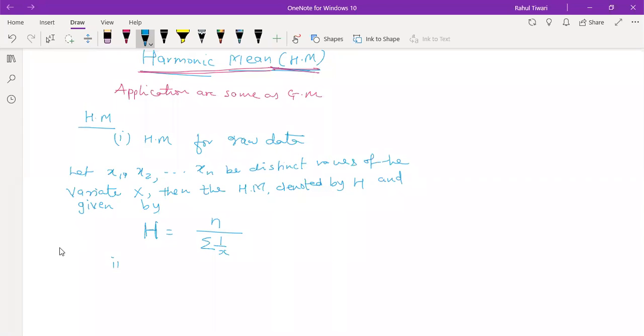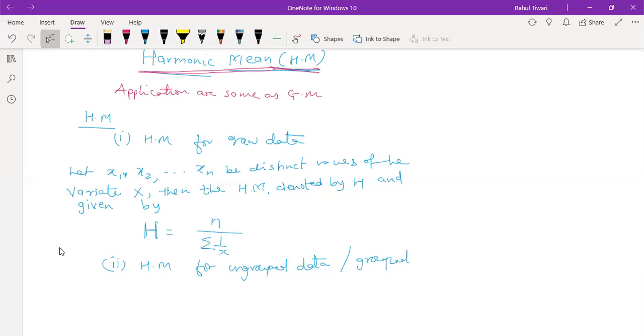One can write the same harmonic mean for the ungrouped data. I will not write it down again and again; one can write the entire thing by referring to the previous definitions. I may just give the definition for both the cases, grouped and ungrouped.